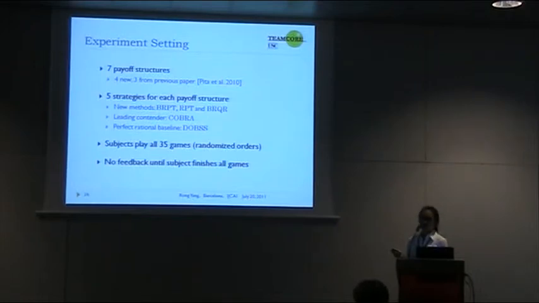Again, Cobra is the leading contender in this field, and DOBSS is the perfectly rational baseline. We asked each subject to play all 35 games, and the order of the 35 games is randomized. Also, in order to mitigate the learning effect, we will not tell them the results until they finish all the 35 games.